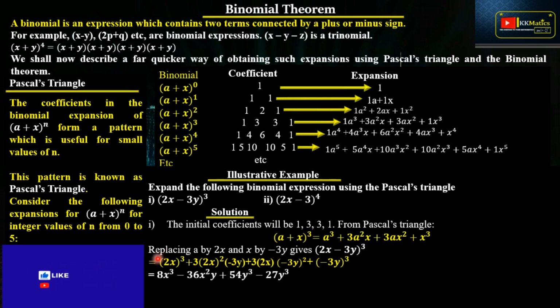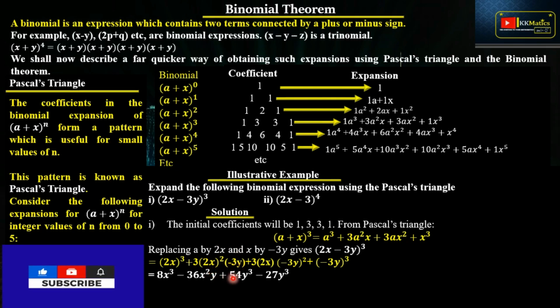And so by cubing this function, we know that the cube of 2 gives us 8, and then that of x gives us x cubed. Minus, we know 2 squared is 4, so 4 times 3, making 12, and then 12 times minus 3, making minus 36. I told you earlier on that you have to be very careful with the minus sign, because it's very dangerous.